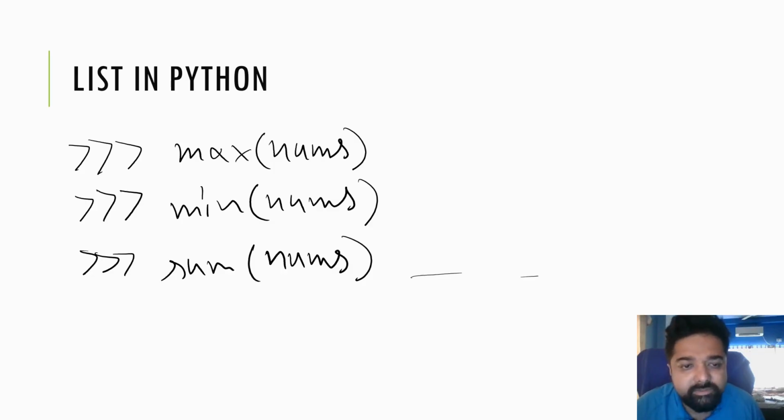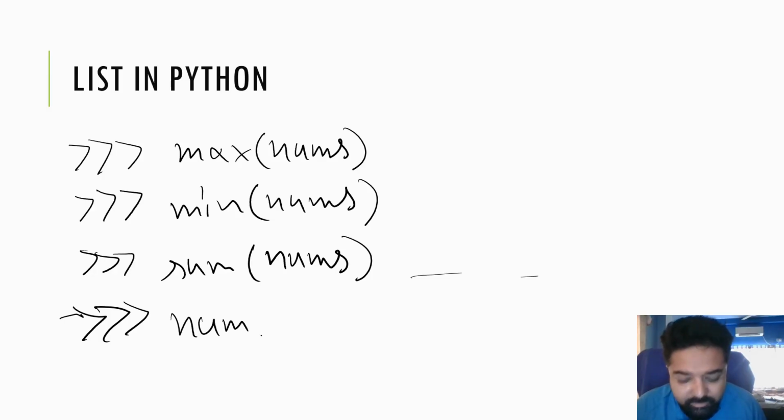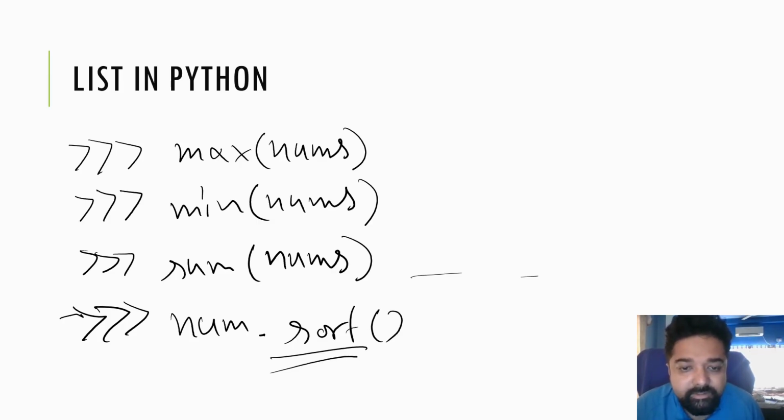There are so many options. That is the beauty of Python. That's why people like Python. It's so super easy. You can write nums dot sort, so it will sort in ascending order. Similarly, you can do descending order also. Okay, this is about list. Okay, thank you.